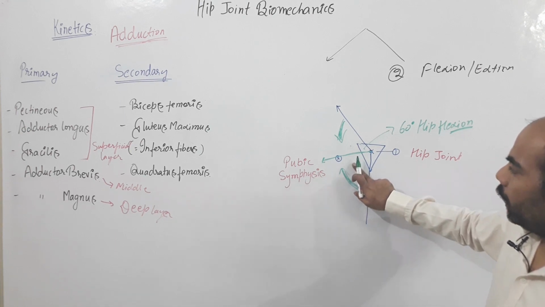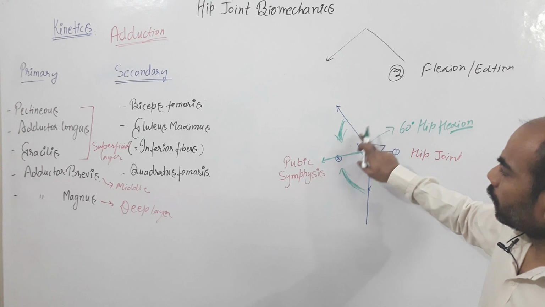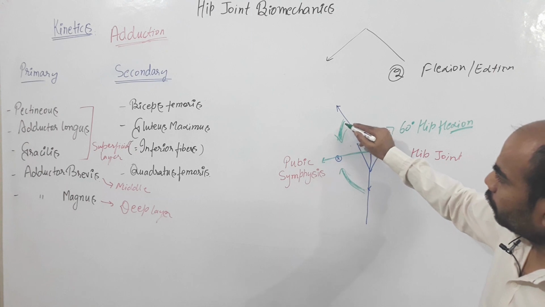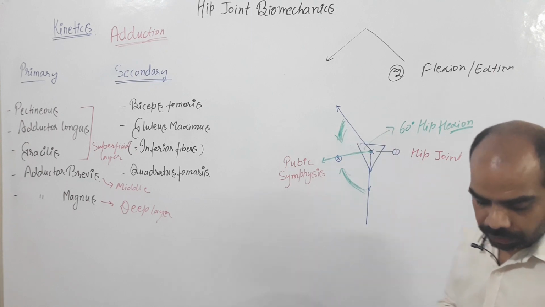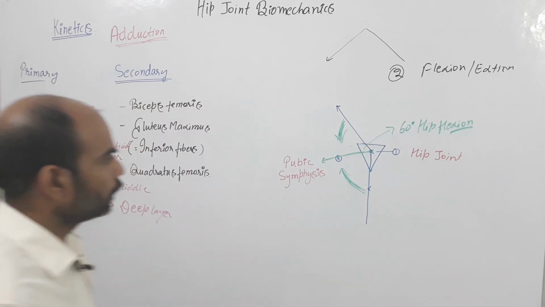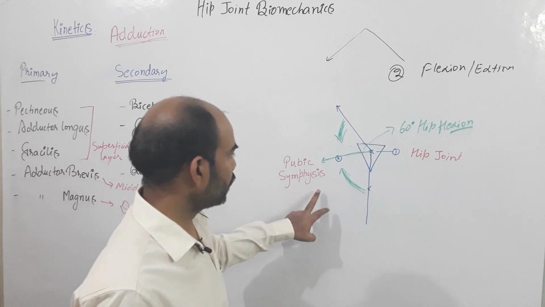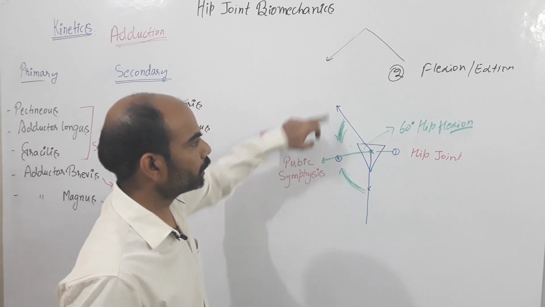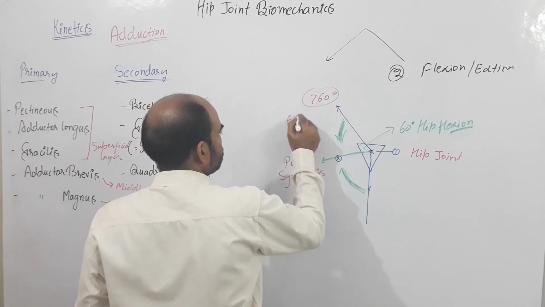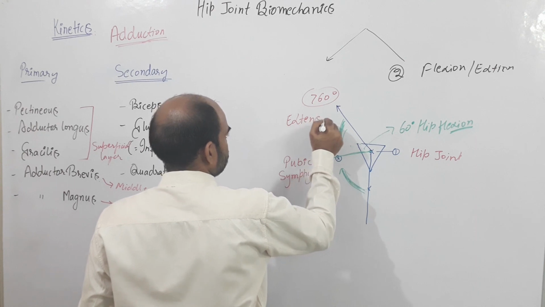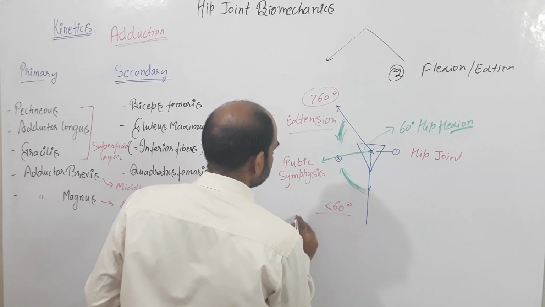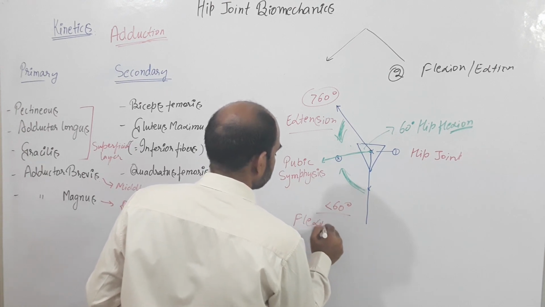So the adductor muscles work as both flexors and extensors: when the angle is more than 60 degrees they produce extension, and when the angle is less than 60 degrees they produce flexion.